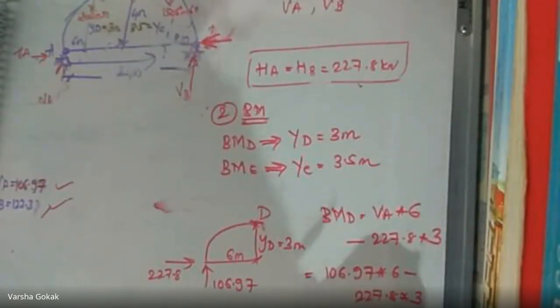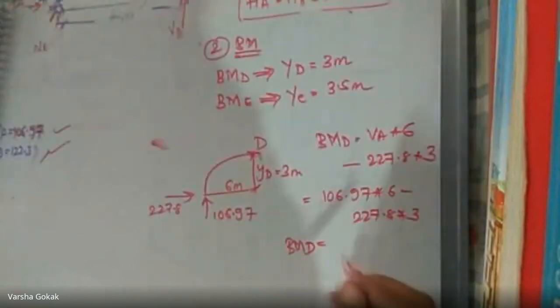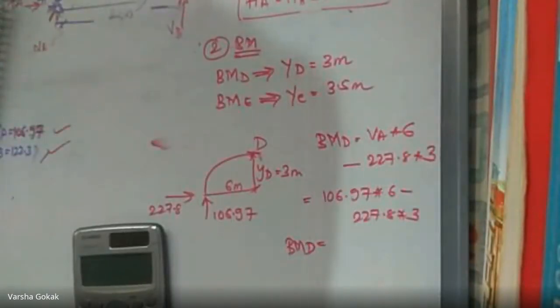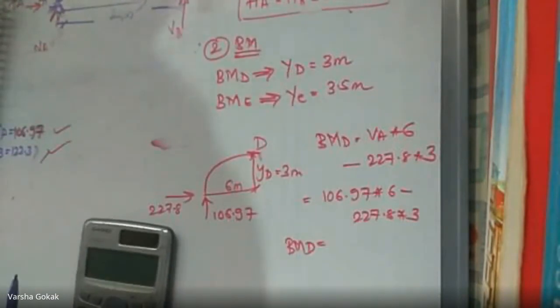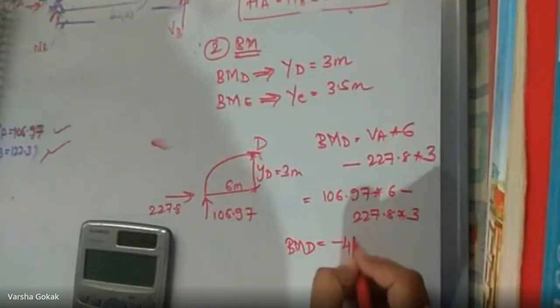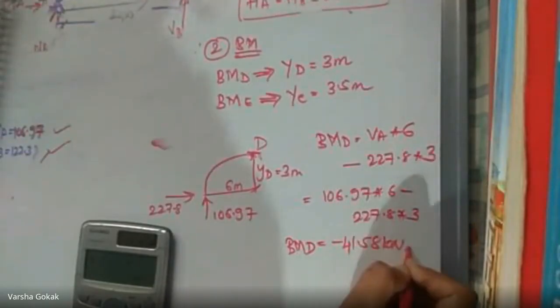What is the value of bending moment at D? It is simple, directly one step. 106.97 into 6 minus 227.8 into 3. Ma'am, minus 41.58. Yes, minus 41.58 kilonewton meter.